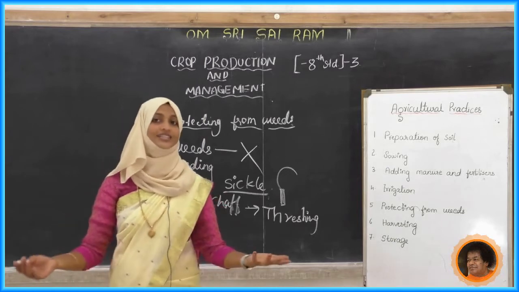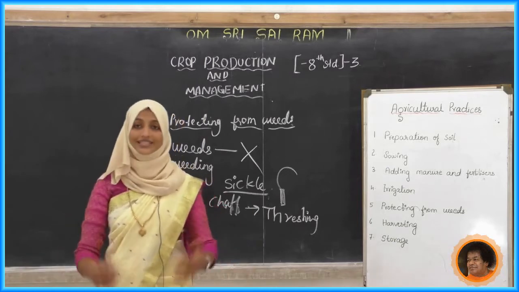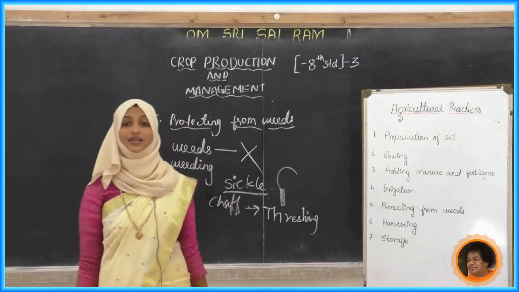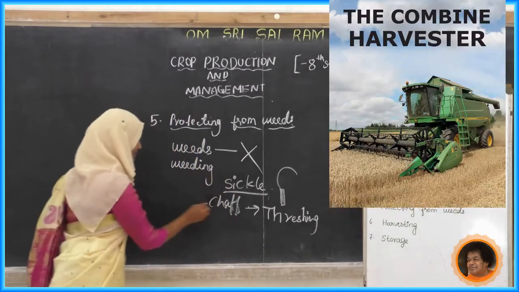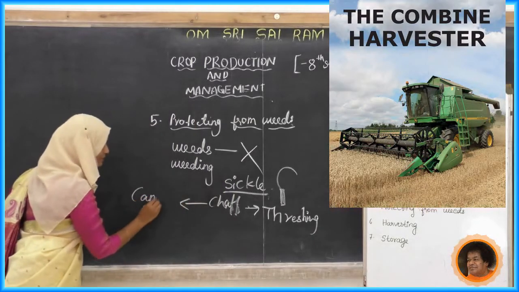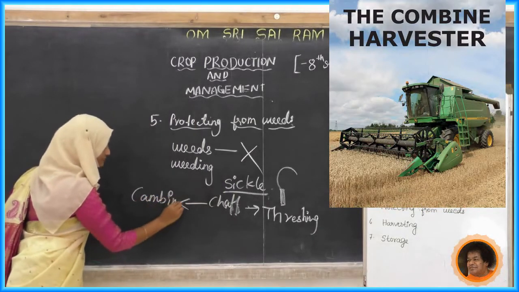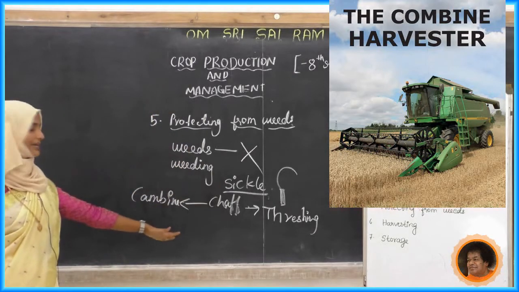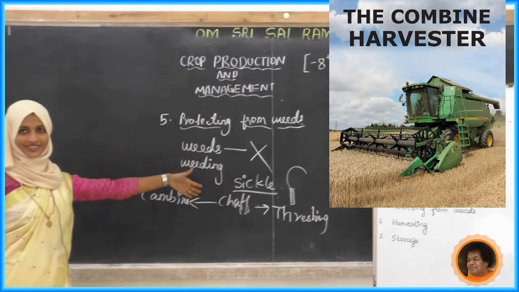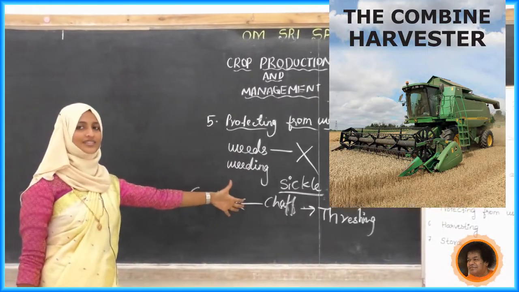That is carried out by machines. In olden days traditionally it was done manually. Nowadays they use a machine called a combine. Look at the diagram or picture of that combine. See, it is like this. How nicely the farmers are using it.